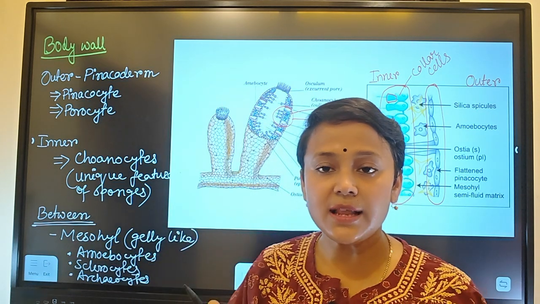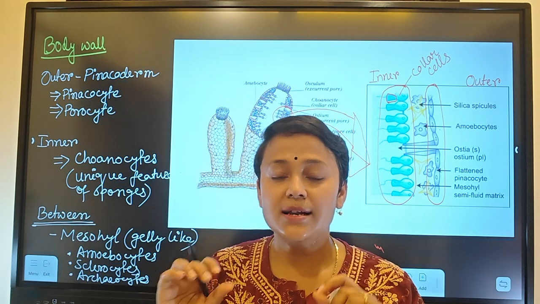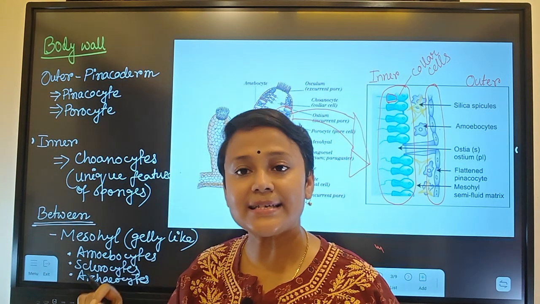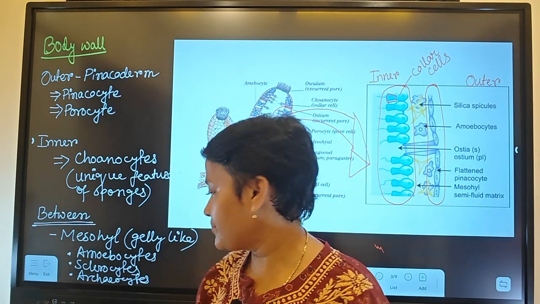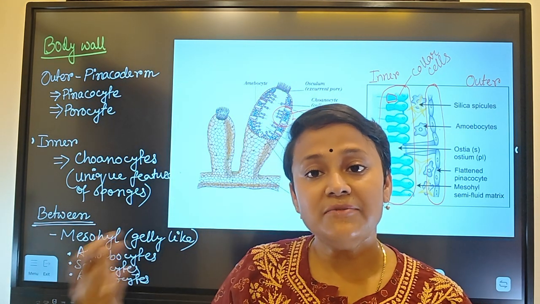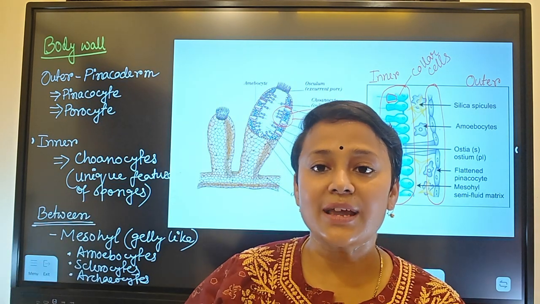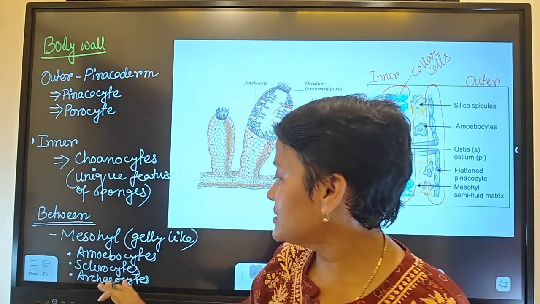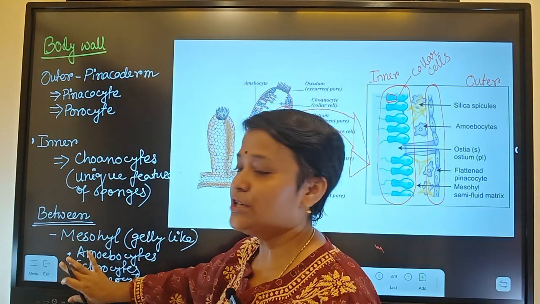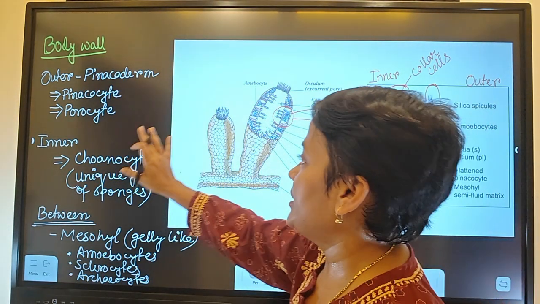In sponges, they will have siliceous or calcareous spicules, and these spicules are considered as the endoskeleton, and sclerocytes will secrete them. Coming to archaeocytes, archaeocytes are totipotent cells, meaning they can divide to form a new sponge, or they can divide to make sperm and ovum. Functions you don't have to recall, just recall outer, inner, and in between mesohyl, the jelly like substance. So this is the body wall.